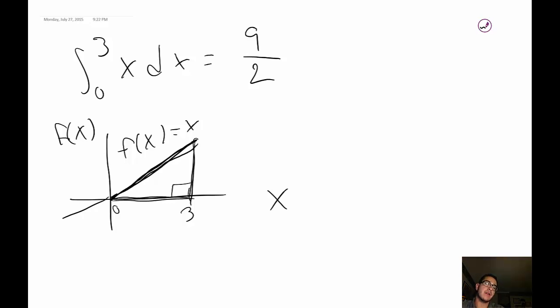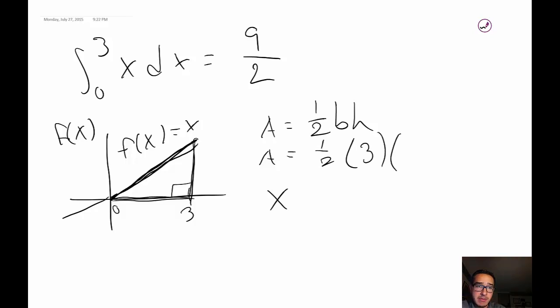Well, in order to find the area of a right triangle, we know it's 1/2 base times height. So if we do that, we end up getting 1/2 times the base, which is 3, times the height, which in this case, well, if f of x equals x, that means that when x is 3, f of x is 3 as well.